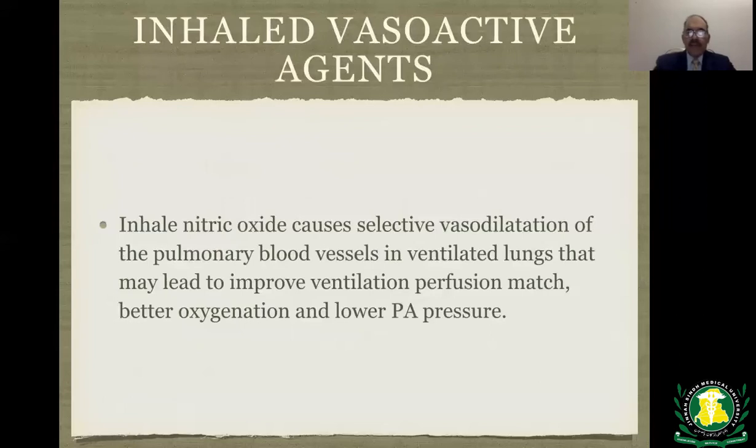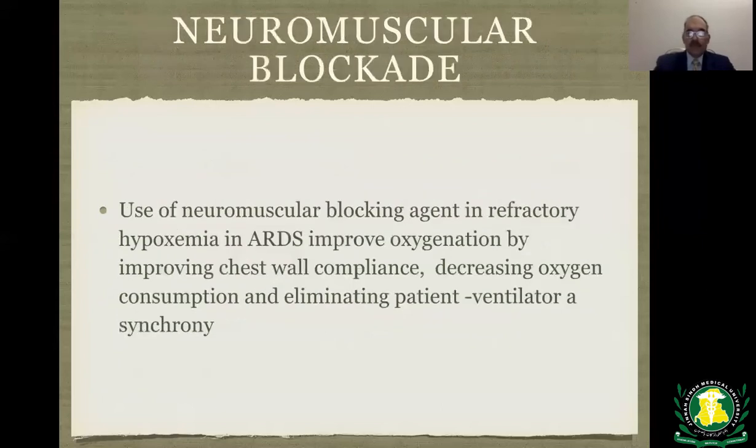Inhaled nitric oxide causes selective vasodilatation of pulmonary blood vessels in ventilated lungs that may lead to improved ventilation perfusion matching, better oxygenation, and lower pulmonary artery pressure. Use of neuromuscular blocking agents in refractory hypoxemia in ARDS improves oxygenation by improving chest wall compliance, decreasing oxygen consumption, and eliminating patient-ventilator asynchrony.